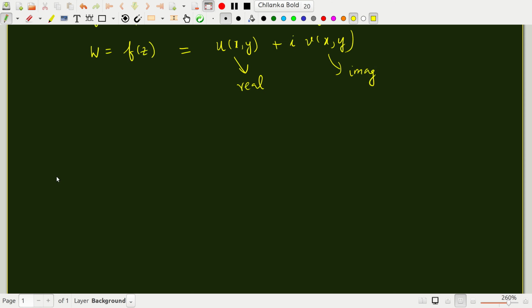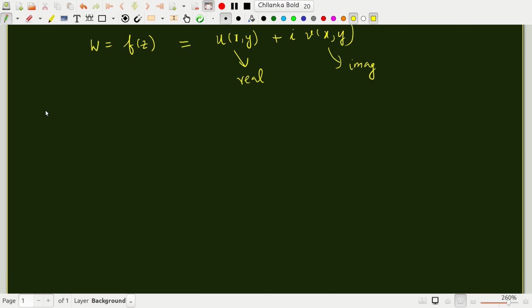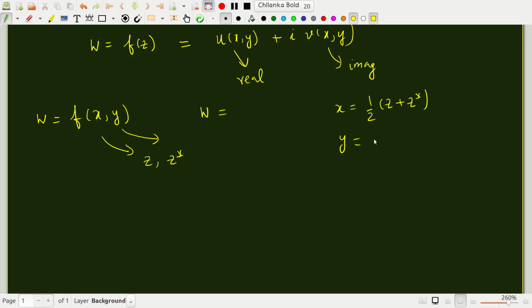Now one thing you can think about is w as a function of two variables x, y, or you can transform these two variables to z and z star, because you know that x is equal to half of z plus z star and y is equal to 1 by 2i of z minus z star.